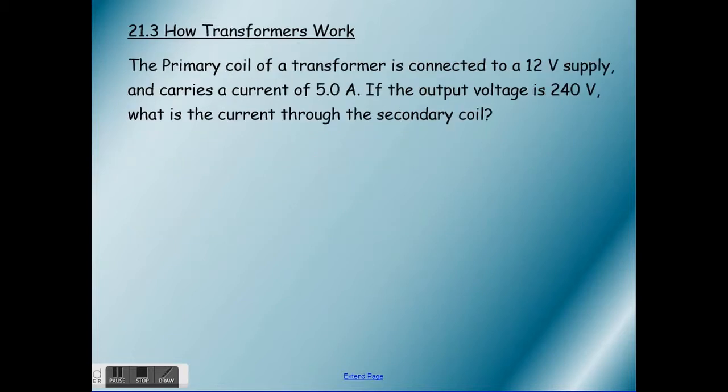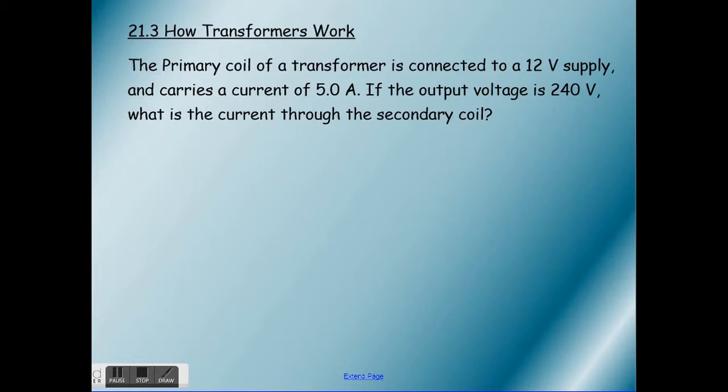Okay, I'll see what I can do. So it is 12 times 5, right? To start, yes. 12 times 5 is equal to something. It's 60.